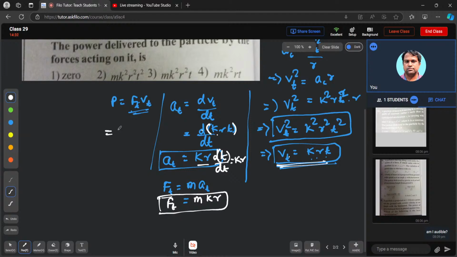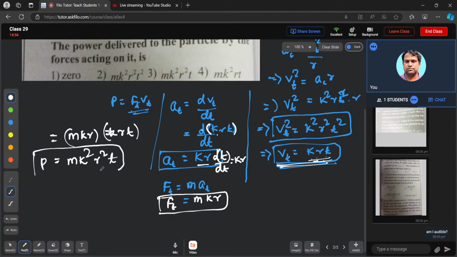The force we got is mkr, and velocity we got krt. If we multiply, power delivered is m k square r square t. Third option, right?